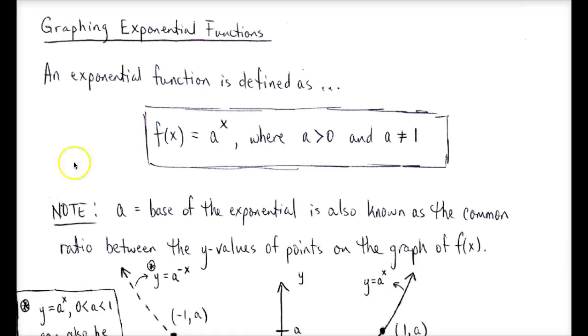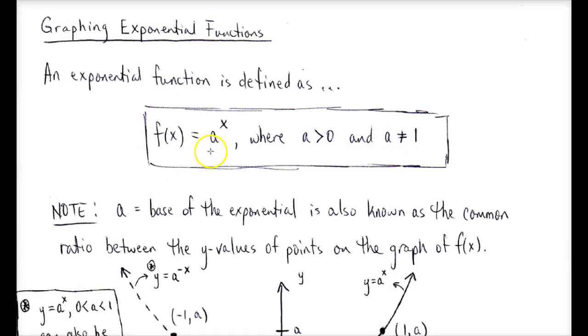So we start off by looking at the definition of what an exponential function is. And so we see that it's defined as f of x is equal to a raised to the x, where a is a number that is greater than 0, but it cannot equal 1.